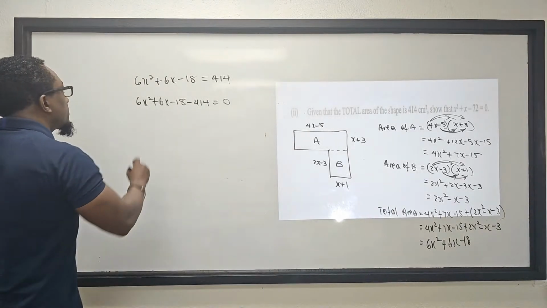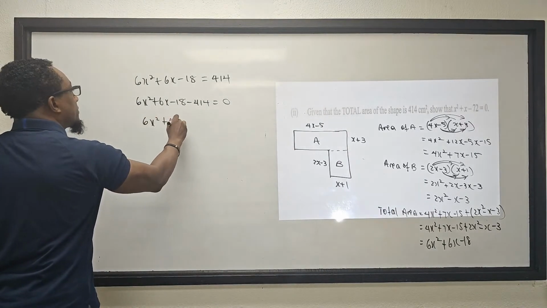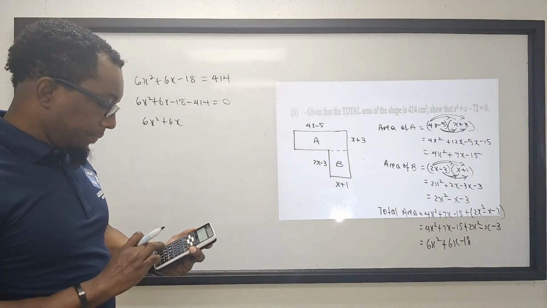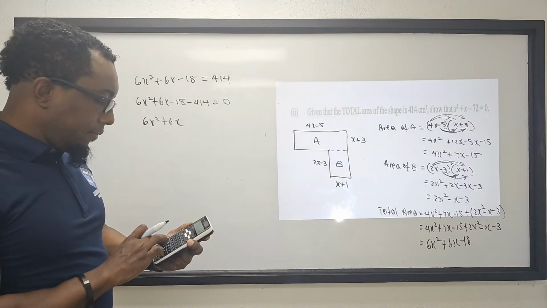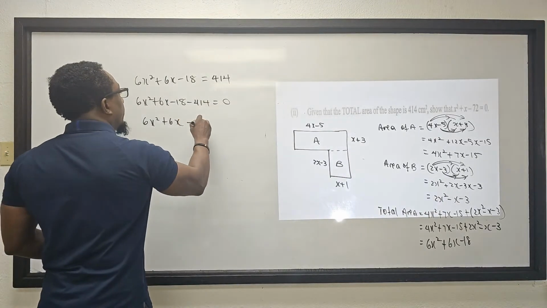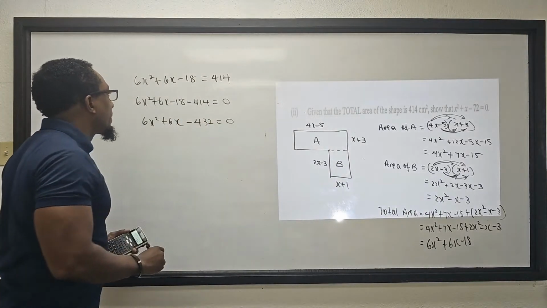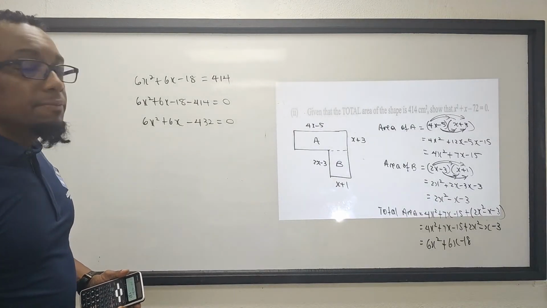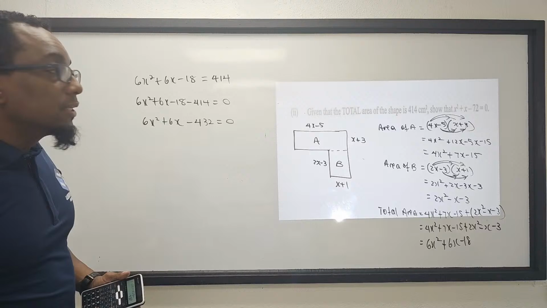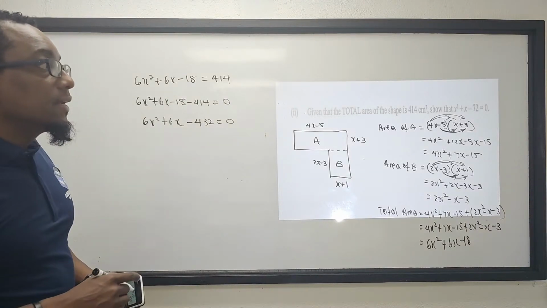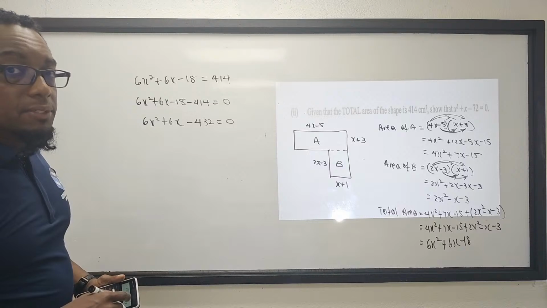So this will become 6x squared plus 6x and negative 18 subtract 414 will give us negative 432 is equal to 0. And therefore, to simplify that, I'm going to divide each term in that equation by 6. Let's see if we get x squared plus x minus 72 is equal to 0.